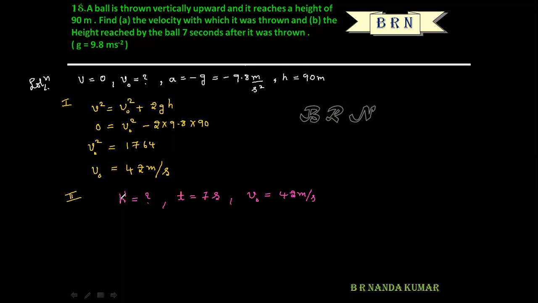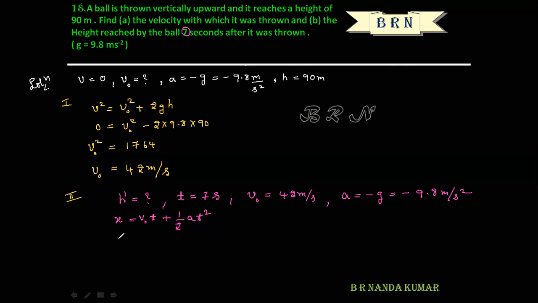So here H dash is height reached by the ball after 7 seconds. So this can be calculated by using the second kinematic equation, that is x is equal to v naught t plus half a t squared. So here the ball is moving vertically upwards, a becomes minus g, that is minus 9.8 meter per second square.